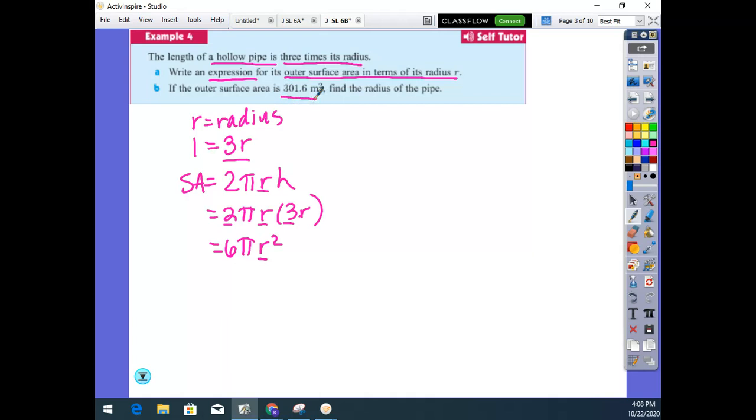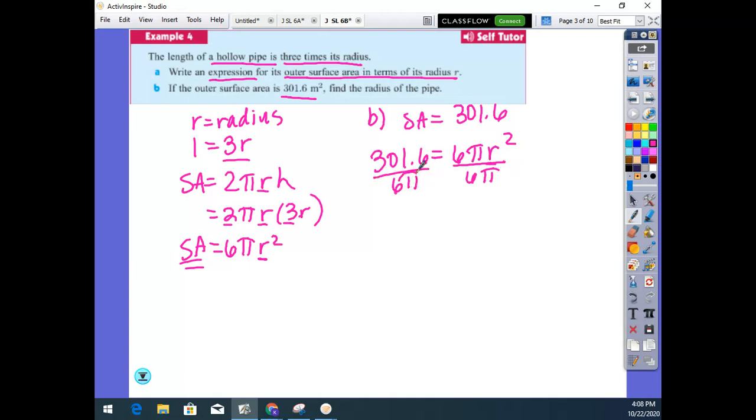Then it tells us for letter B that the surface area is 301.6. So I can replace my surface area with 301.6 and solve for the radius. So to get r by itself, first we divide by 6 pi.